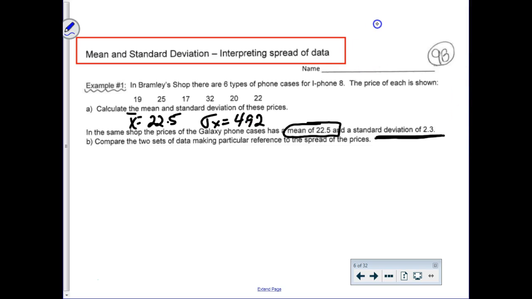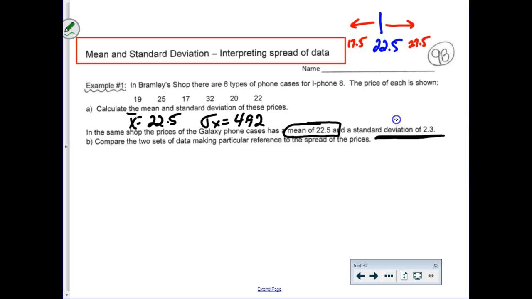If you think about the mean being the middle number, in the future we're going to see normal distributions where the mean is in the middle. Both of these have 22.5 in the middle. For the iPhone cases, we'll talk about this later, but the data spreads out in each direction by $4.92. For the ease of my math, can we just call it $5? If I move down $5, we're at $17.50, and if we move up $5, I'm at $27.50.